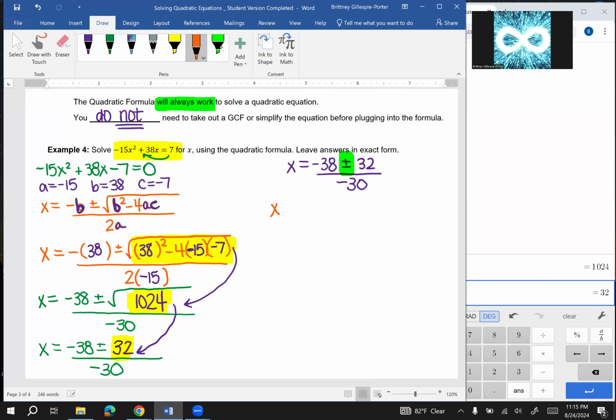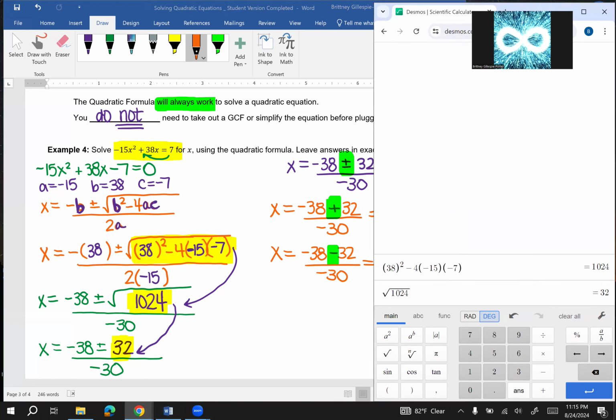Our first one will be x is equal to -38 plus 32 all over -30. And then the second will be x is equal to -38 minus 32 all over -30. And we are going to simplify these down.